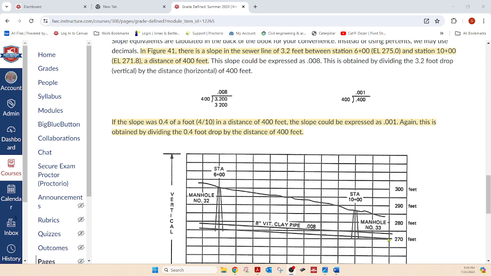The outlet is at 270 point nothing. It's right at it. It may be 270.1, but it's not 270.8 or whatever, it's not 271.8. The top of it is, but that's not what we're concerned with. It's at 270. So we got 275 and 270. So that makes a 5-foot fall, right?